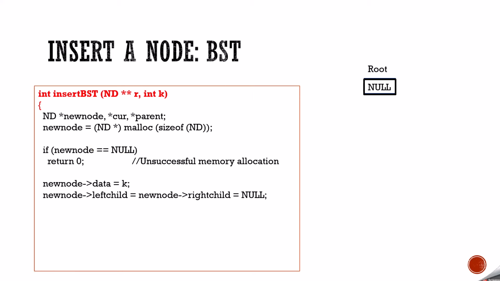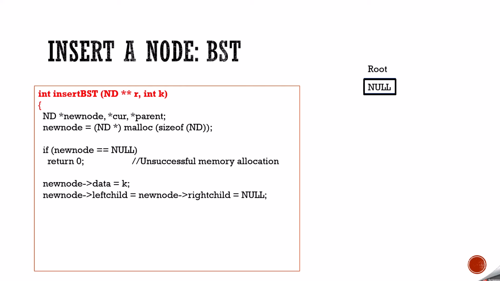If it is not, then it will return null. So by checking it, we will return 0. It means my memory allocation is not successful. In the main function, we will check the return value, and then we'll say whether my insertion is successful or unsuccessful.